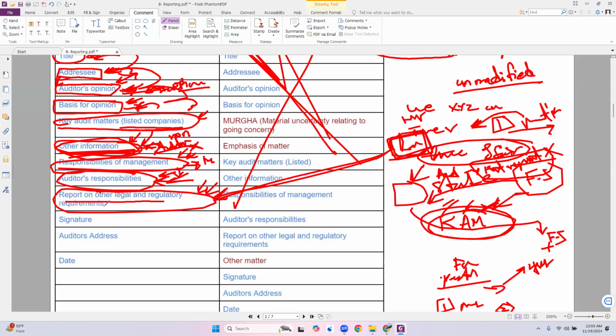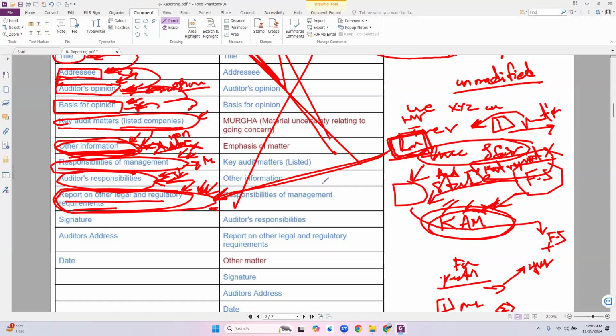Is the company following all the requirements of the law or not, or have they missed any kind of requirement of law or not? They report upon it separately. And this paragraph, not the report itself, is included right here. Got it?